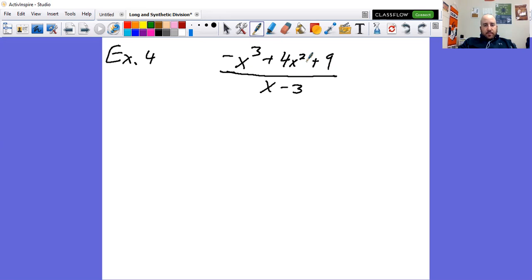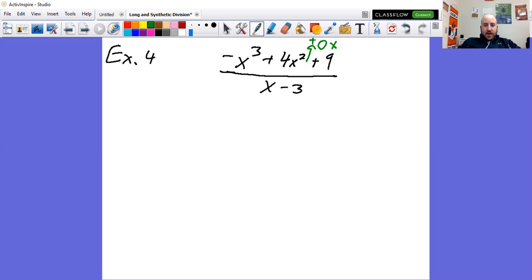When you're missing a term, okay, you need to put it in with a placeholder of 0, whatever term is supposed to be there. So in this case, 0x, okay?